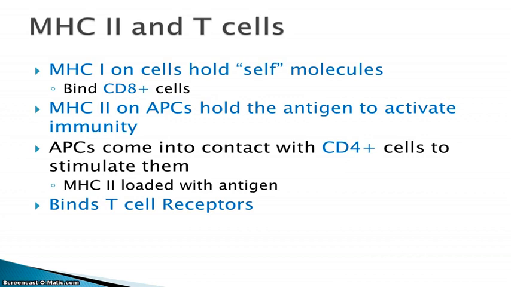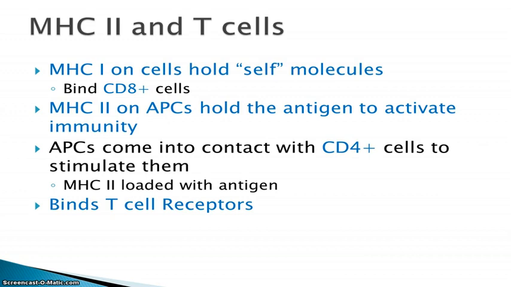So, MHC class 1 receptors are on all nucleated cells. They are loaded in the ER, the endoplasmic reticulum, with self molecules. Once they are loaded, the receptor is placed on the surface of any nucleated cell, and that cell can come into contact with CD8, otherwise known as killer T cells.